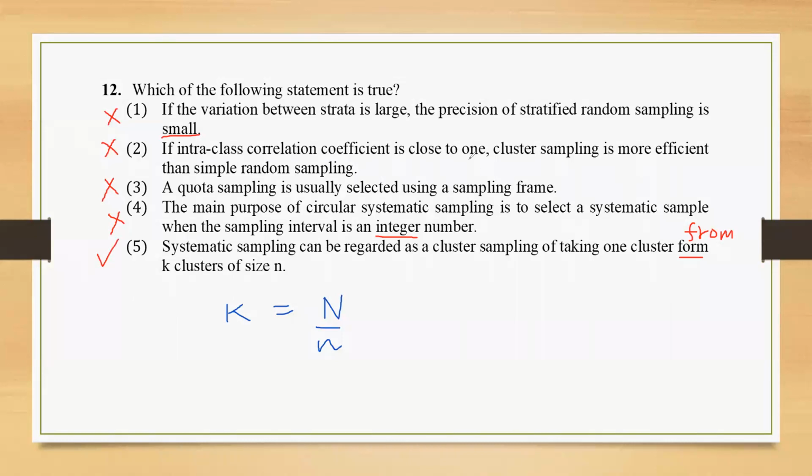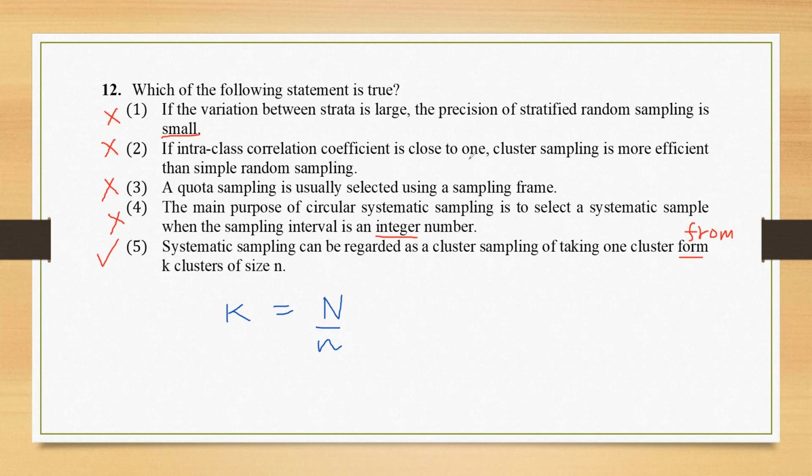Because when we are considering systematic sampling, normally what we do, first we calculate the sampling interval, that is k. Then we divide our sampling frame into k number of parts.